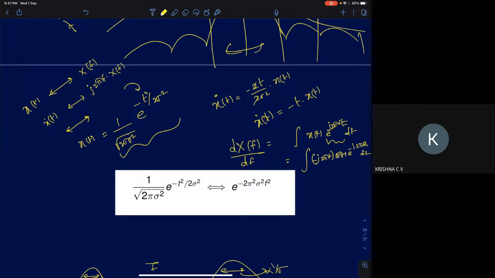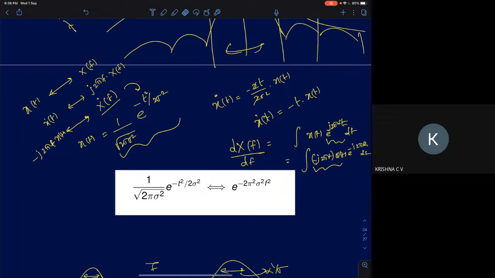So minus j 2 pi t into x of t and dx by df form a Fourier transform pair. Here x dot represents the first derivative. So this is another important Fourier transform property.